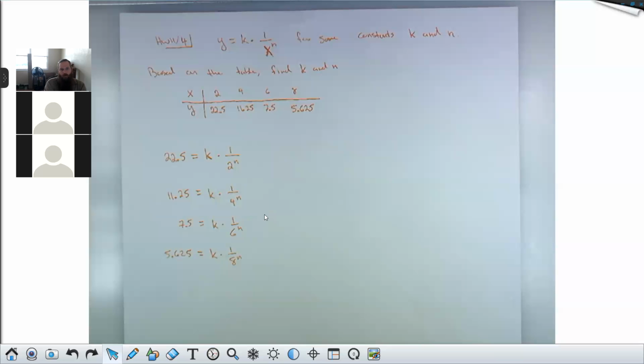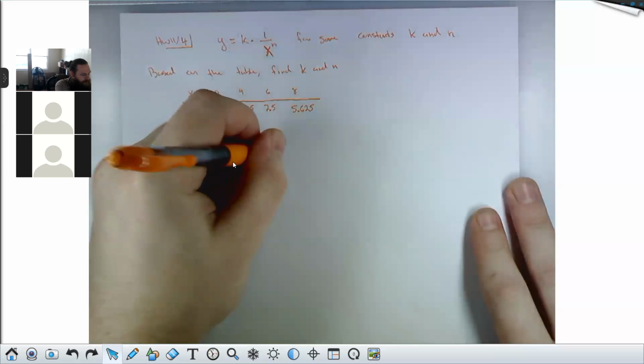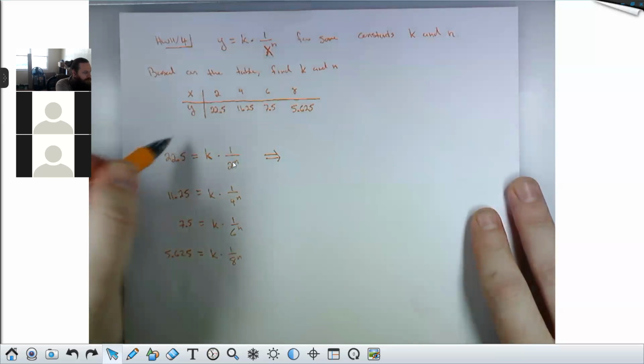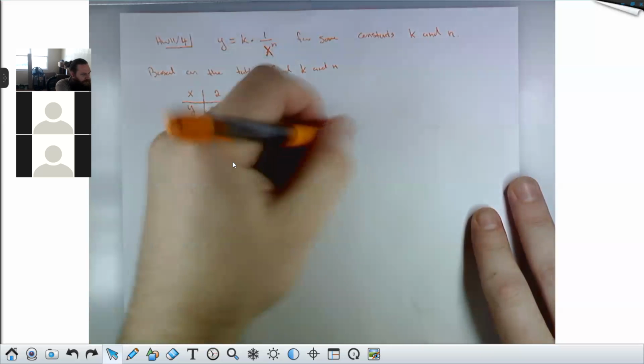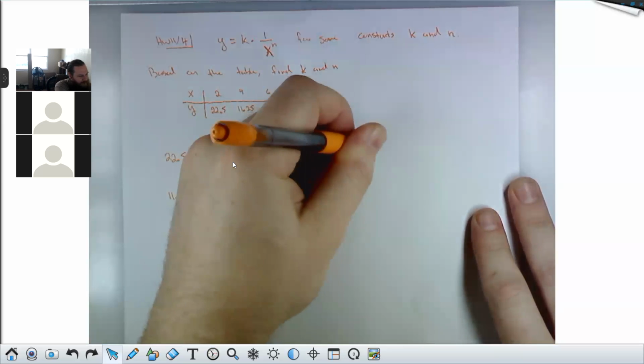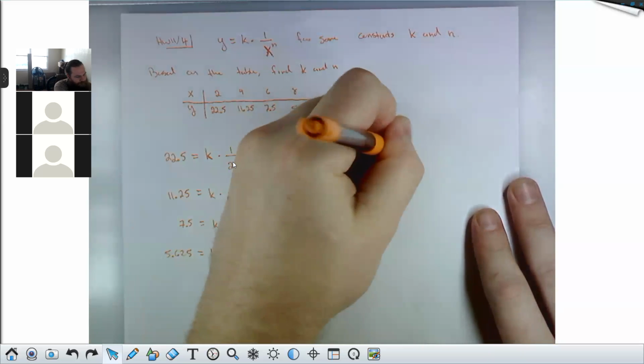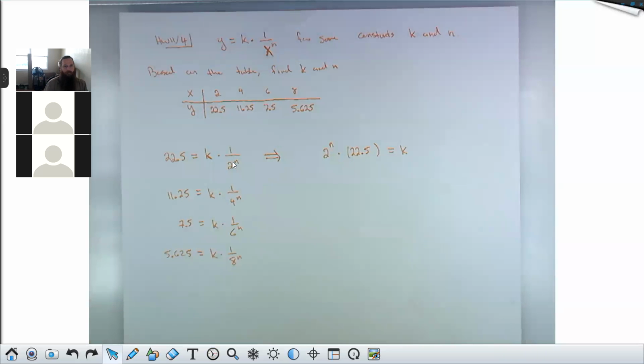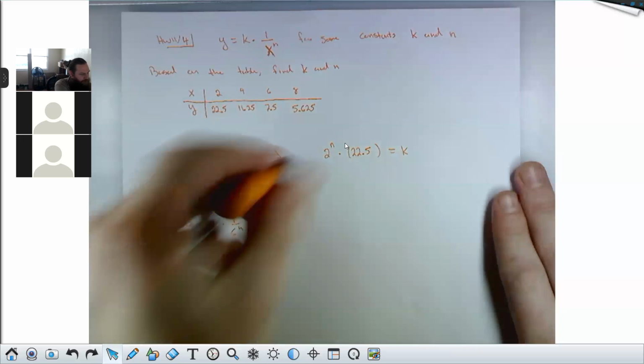Let's say from this equation, because you don't know about logs yet, if I multiply both sides by 2 to the n, I get 2 to the n times 22.5 equals k. Now I could plug that in here, or here, or here. So let's take that and plug it in here.